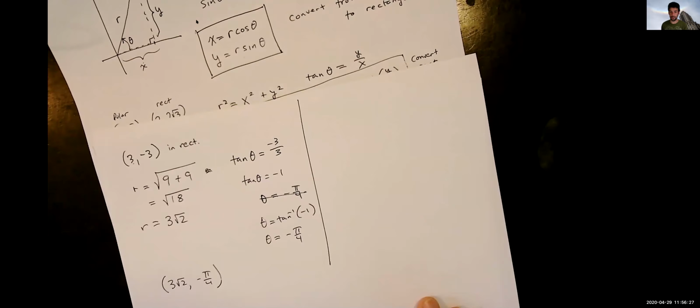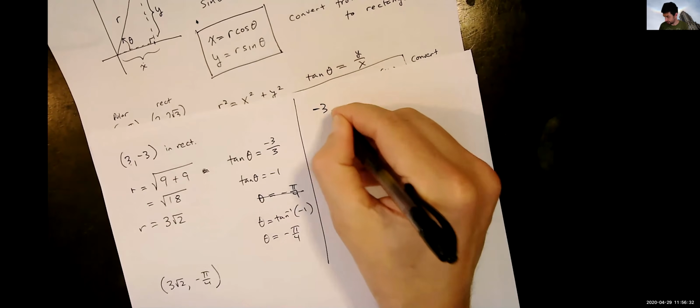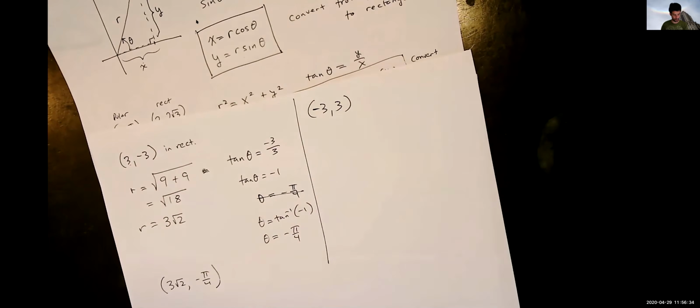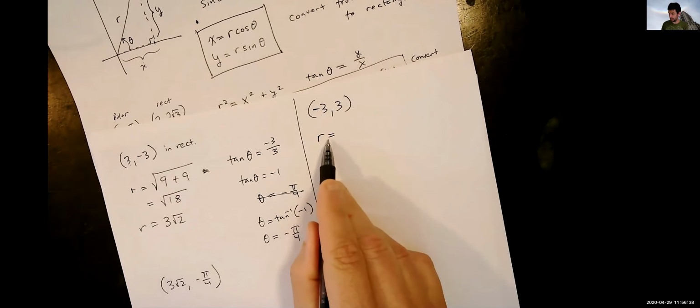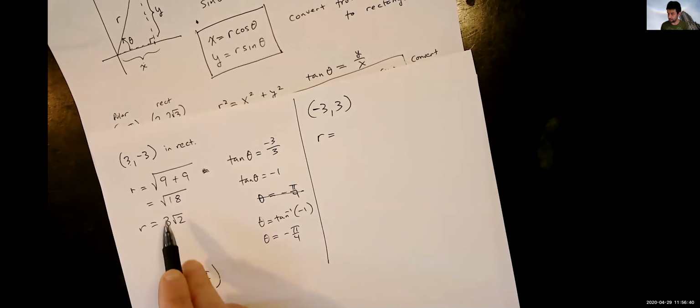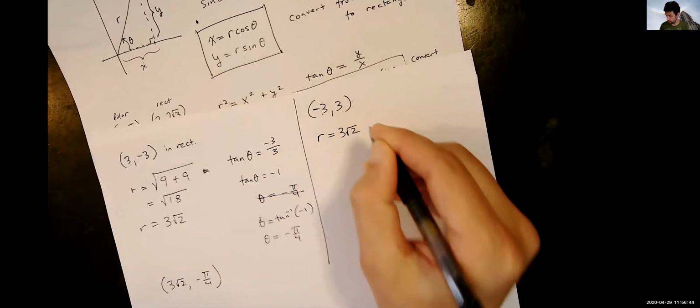Let's do something else. Let's take the point -3, 3. Well, it's quick to see r is going to have to be the exact same distance. I'm going to get 9 and 9, so this is going to be 3 root 2.